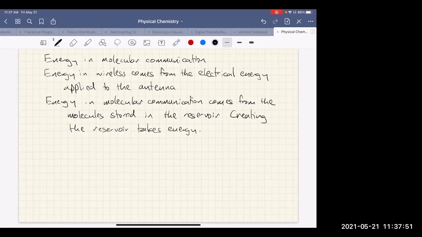It's obvious that communication has at least some cost. Organisms can't communicate freely, at will, or at unlimited data rates. So there must be some cost associated with it. The right way to think about that is in terms of creating the molecules that you're going to release into the environment. There are two ways to think about that.